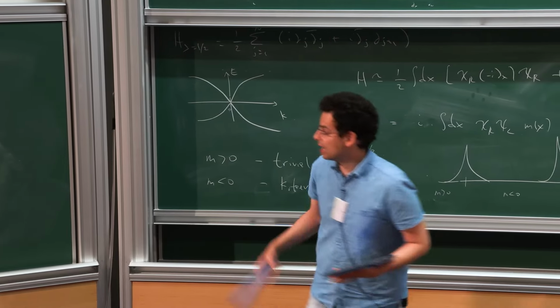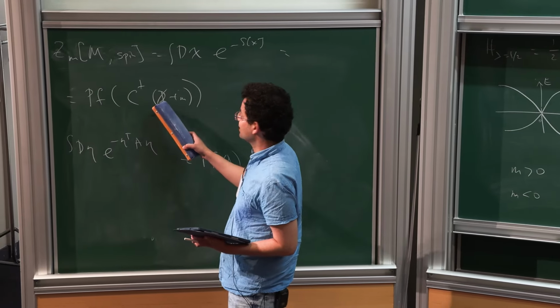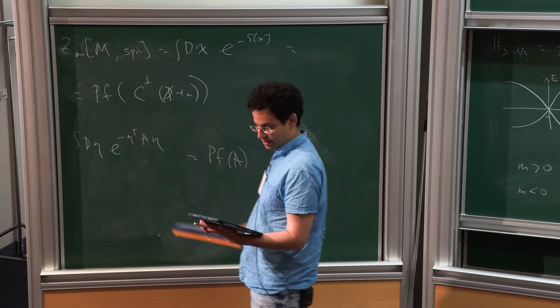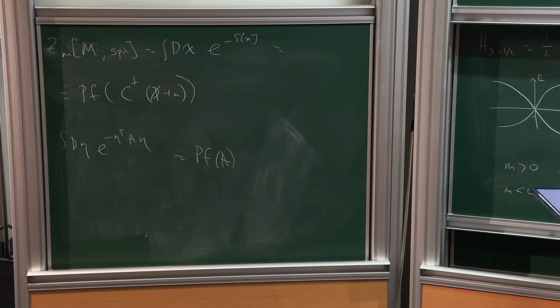So first, I'm going to express this Pfaffian in terms of the eigenstates of the D slash operator.